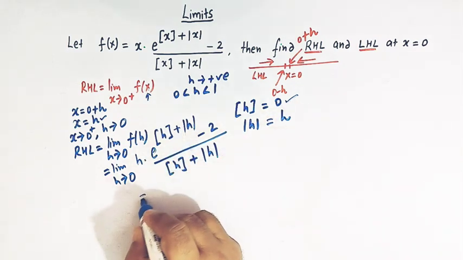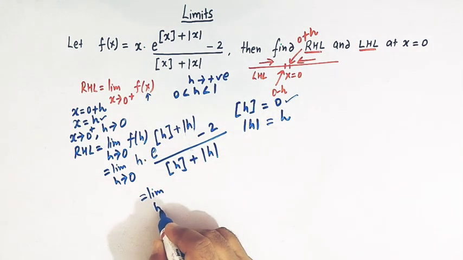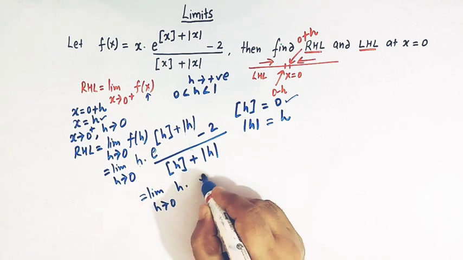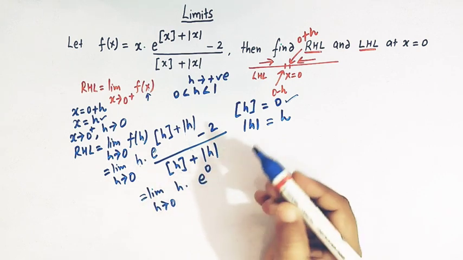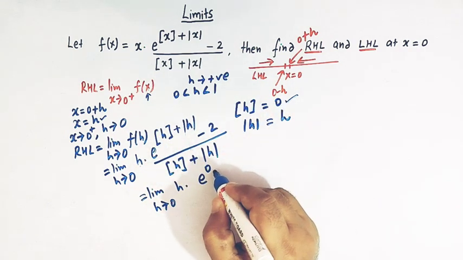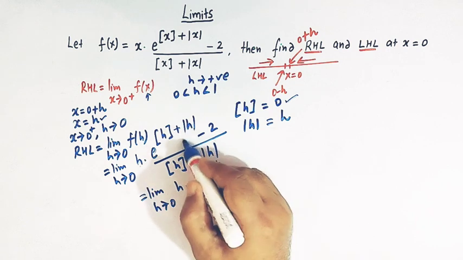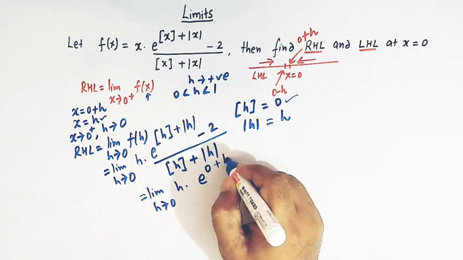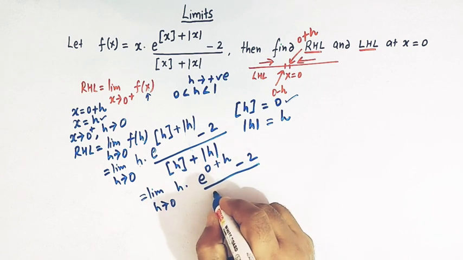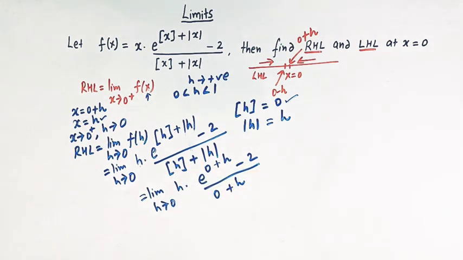So now this limit can be written as limit h tends to 0 of h times e raised to 0 plus h, minus 2, divided by 0 plus h.